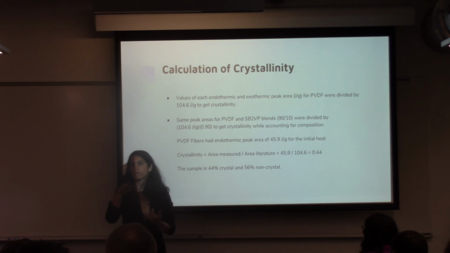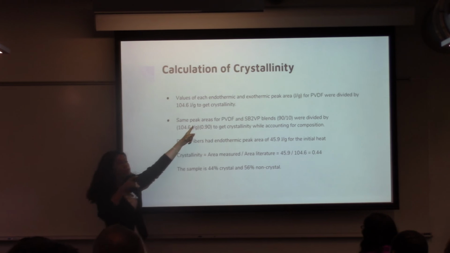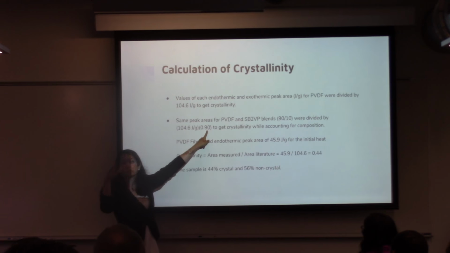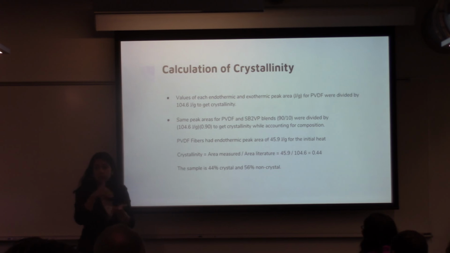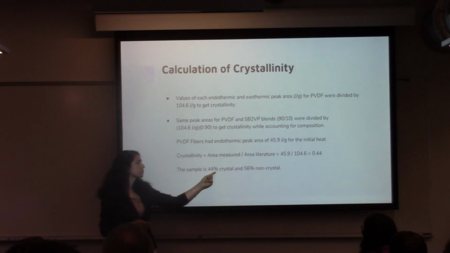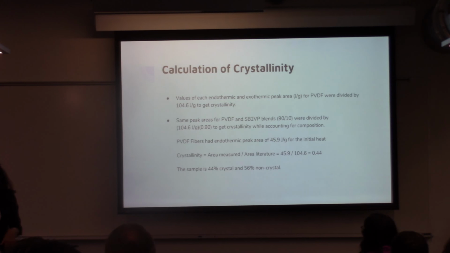We came up with 0.44 as our measure of crystallinity within the sample, which means, I should say, at the peak areas, we're also dividing by 0.90. So we have 0.90 because it's 90% PVDF. And this is, again, the final result: we determined that we have a material that's 44% crystal, 56% non-crystal.